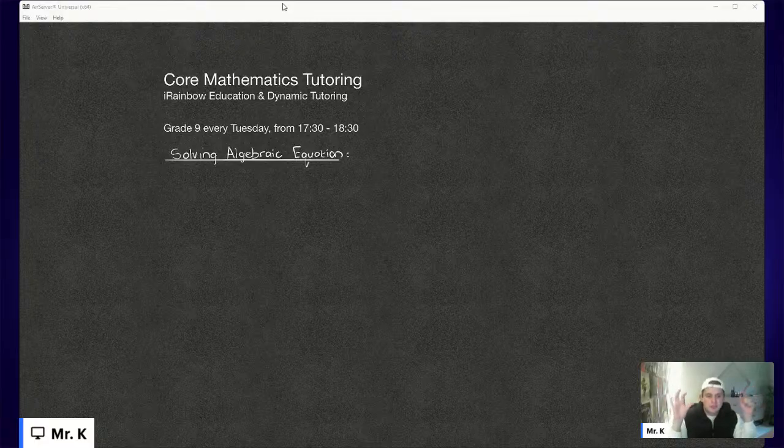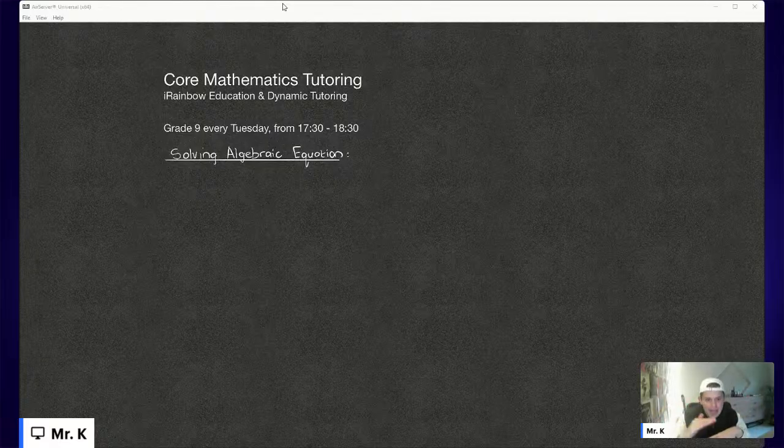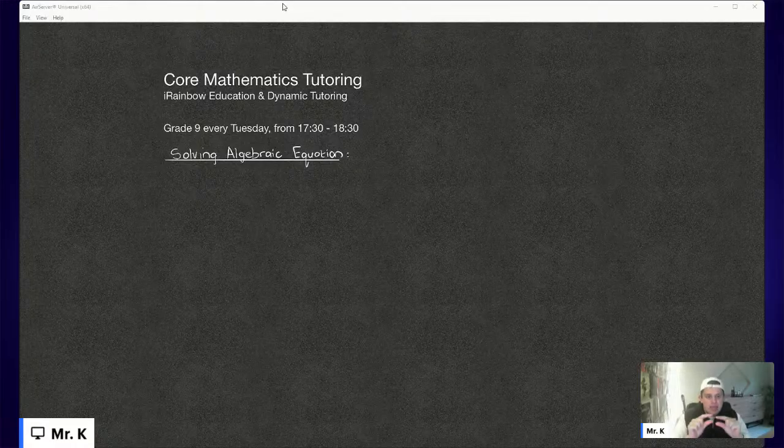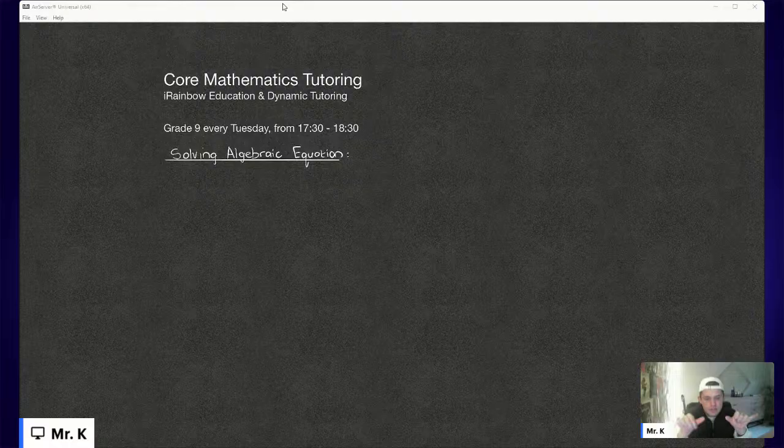There is a difference between using an equal sign at the beginning of our step to show our progress as we simplify something, and having an equal sign in between two different expressions, right? That is not the same thing. So you need to make sure that you are aware of that, because that is going to impact your understanding of today's work.